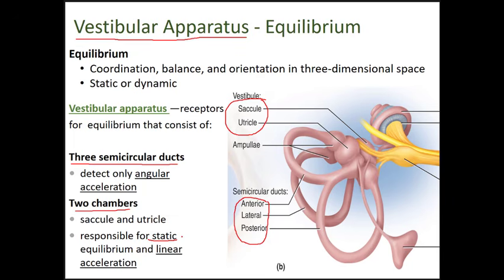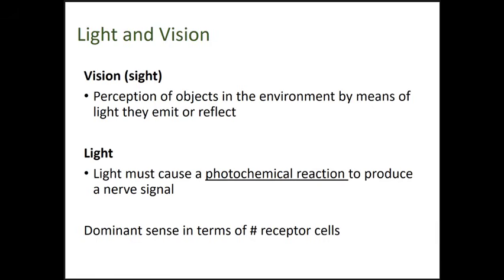So let's say, to make this more simple, that when you're in your car and you're experiencing linear acceleration, but then all of a sudden you decide to turn a corner, that would be experiencing angular acceleration, which our 3 semicircular ducts are involved in. Or if you're rotating in a swivel chair, and you're swiveling around, that would be a type of angular acceleration as well.